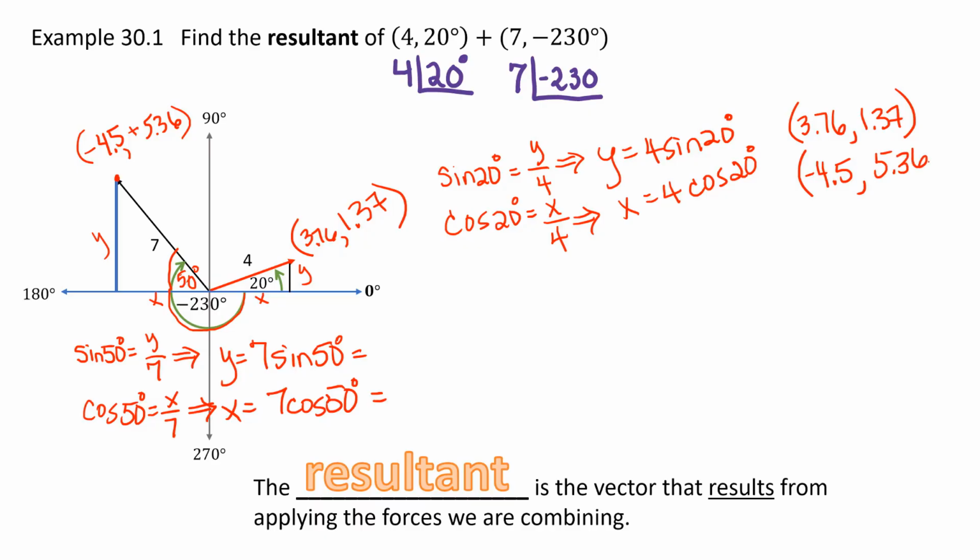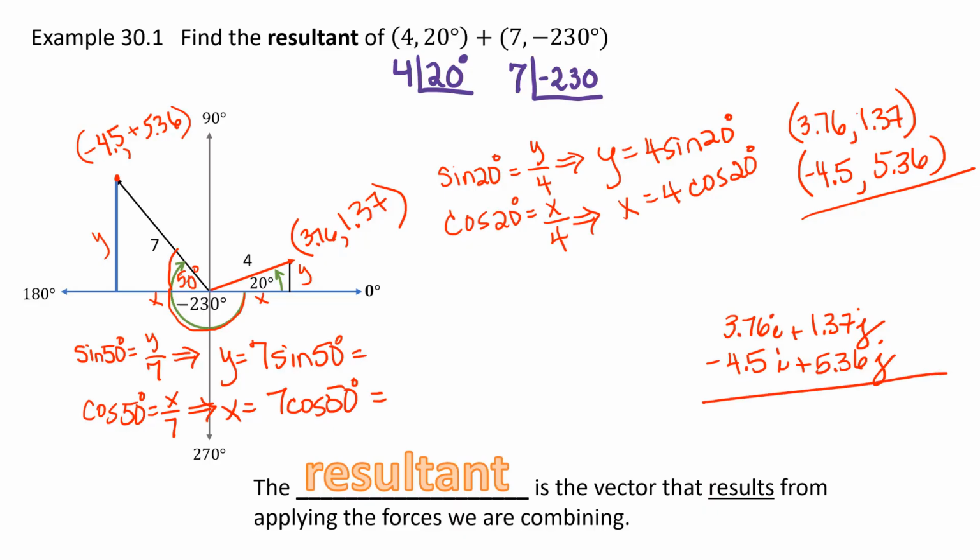We're going to add the two forces together. And in your book, just to make sure you know, this would be written as 3.76i plus 1.37j, and the other point would be negative 4.5i plus 5.36j, and then you would add them together.